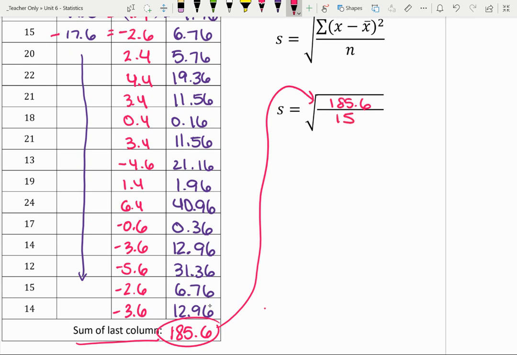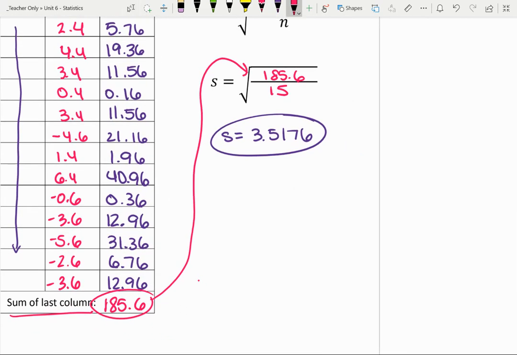And then we have 15 values. So when we do that, I would do that all in one step using some parentheses in my calculator. I get 3.5176.